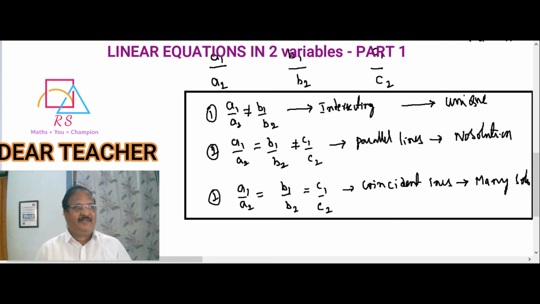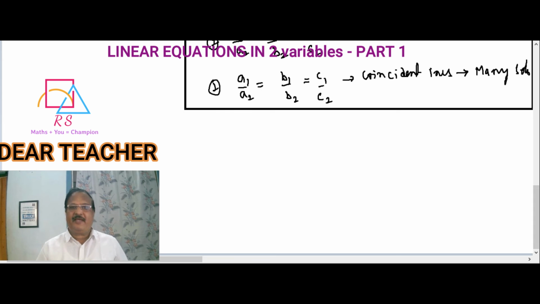Graphical method. Okay. So now it is time to do some problems. After learning a concept, you should always have applications. So exercise 3.1. In this there are 7 questions.